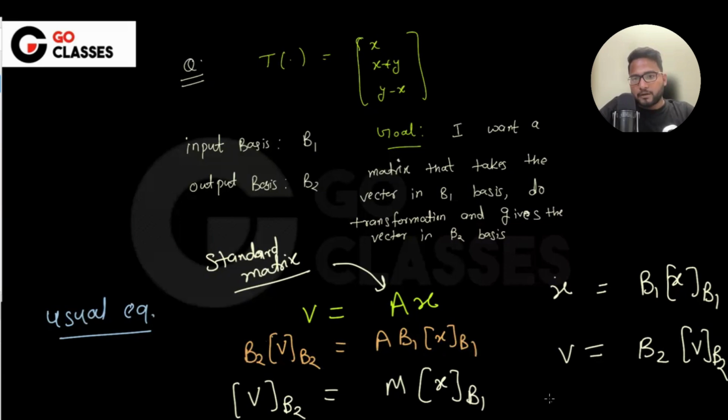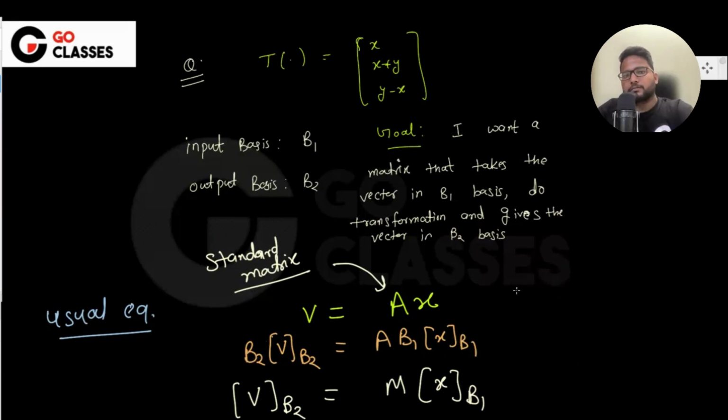Now M will be, from here you can say, M is nothing but B2 inverse A B1, right?